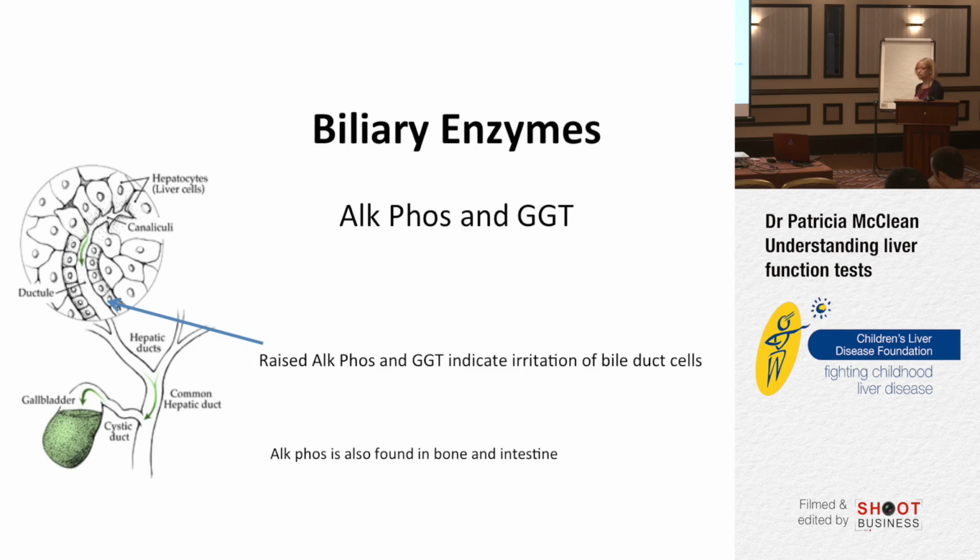ALK-PHOS is less useful, particularly in children, because again, it's found in lots of other parts of the body, and particularly in the bone. And children are growing, they go through spurts of growing, and so sometimes the ALK-PHOS is high because of that. And so we'll keep an eye on it, because of course it can go up also with something like rickets. But we use the gamma-GT perhaps being more specific to the liver.